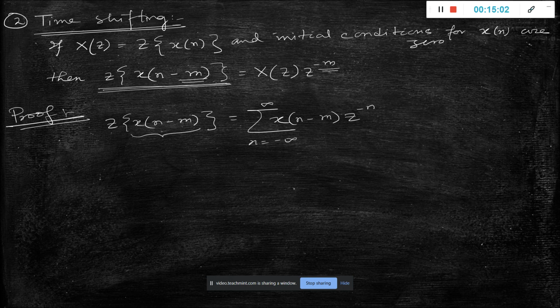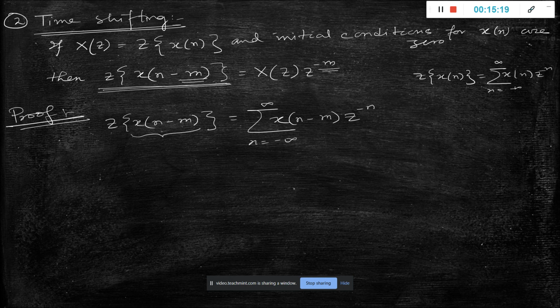So I can write this as per the formula of Z transform, that is Z transform of x of n equal to summation n equal to minus infinity to plus infinity x of n z to the power minus n.